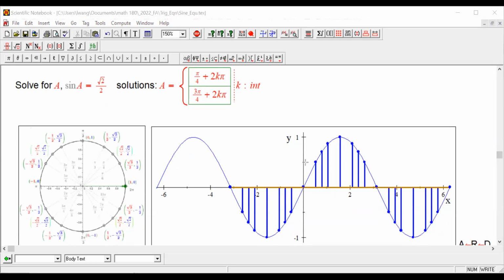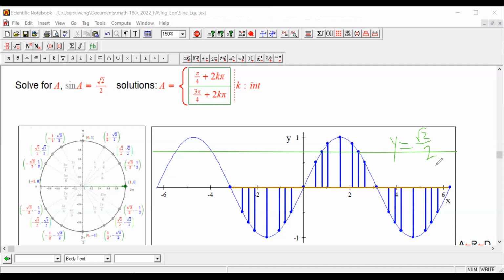If you want to do root 2 over 2, you just draw that horizontal line right there. This horizontal line indicates the output: y is root 2 over 2.